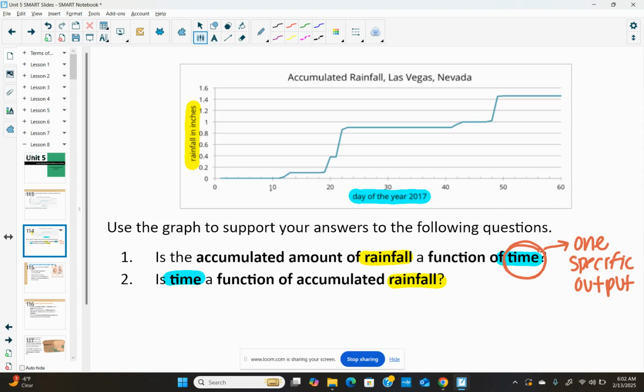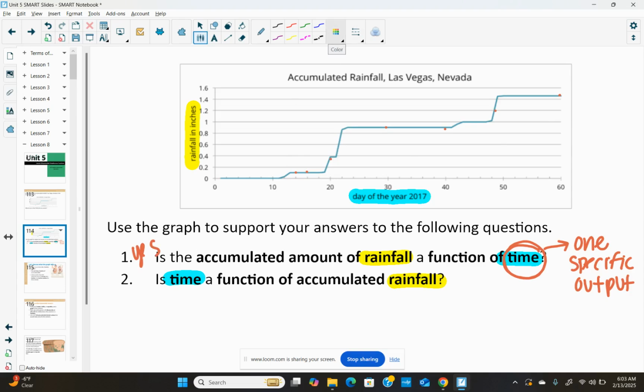As we're looking along these values of time here, when we go up to the graph, it can only go to one point. At 10, it's going to 0. At 8, it's going to 0. At 12, it's going here. At 14, it's going here. 16, 20, 30, 40, 50. It's going to these one specific outputs. It's never going to two different places at the same time. So this would mean that, yes, this is a function.